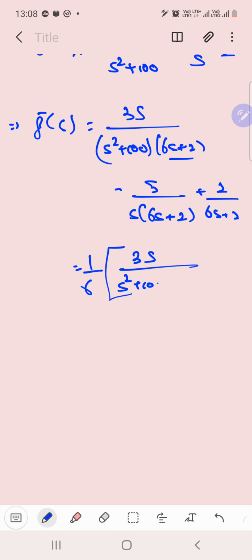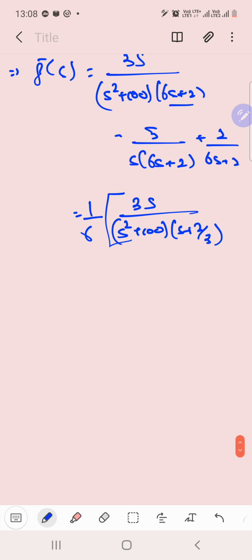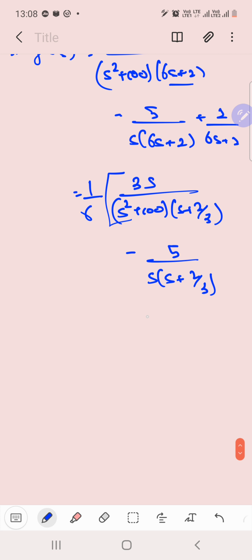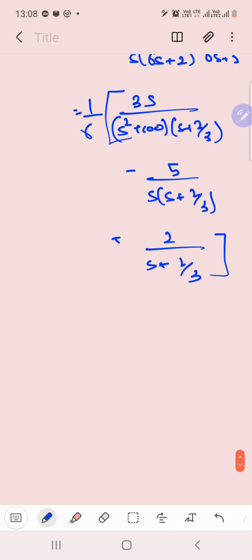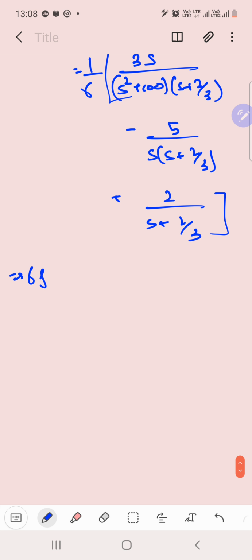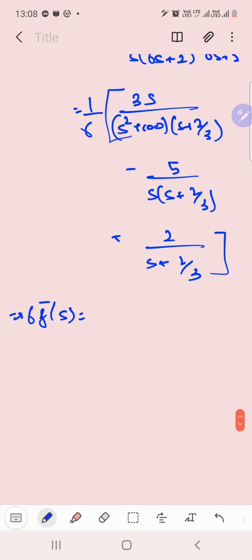So this becomes 3s over s square plus 100 times s plus 2 over 3, minus 5 over s times s plus 2 over 3, plus 2 over s plus 2 over 3. Clear? So 6 f bar s equals whatever we have here. I am not writing this again.